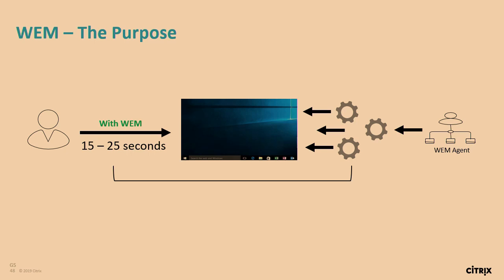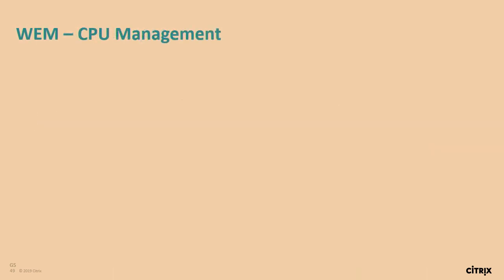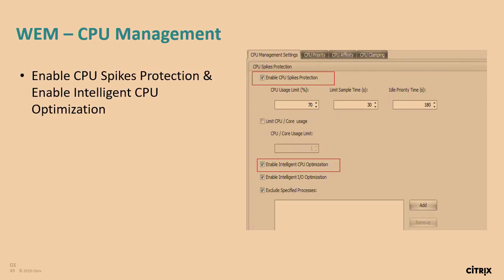Number two is CPU management. There are going to be times where you have a rogue process that consumes a lot of CPU. And this is where WEM can come in and help. What you can see here is the CPU usage limit is set to 70 with this CPU spikes protection and a sample time limit of 30 seconds.